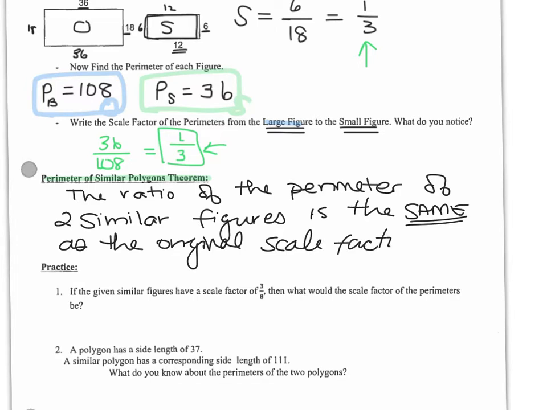So if I know what the original scale factor is, the perimeter ratio is the exact same thing as the scale factor. Makes life nice and easy. Scale factor, perimeter ratio, they're the exact same thing.